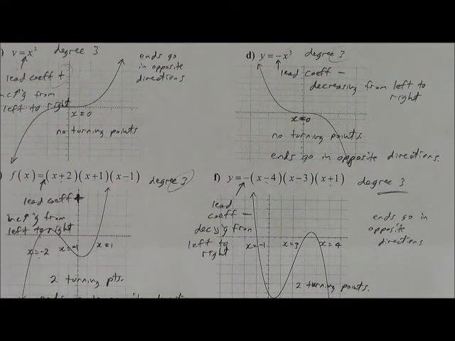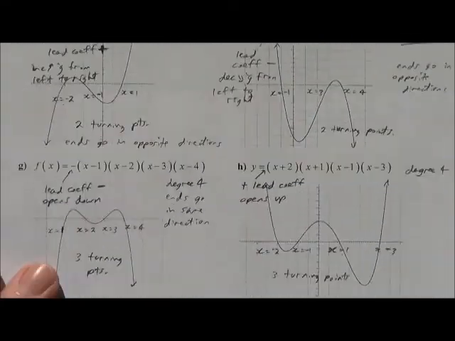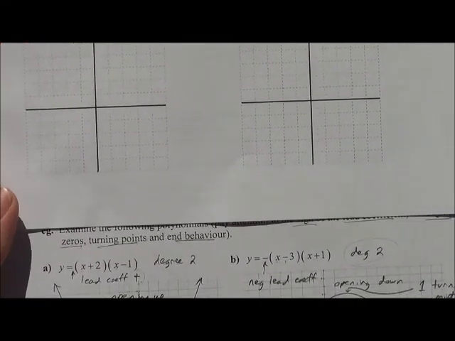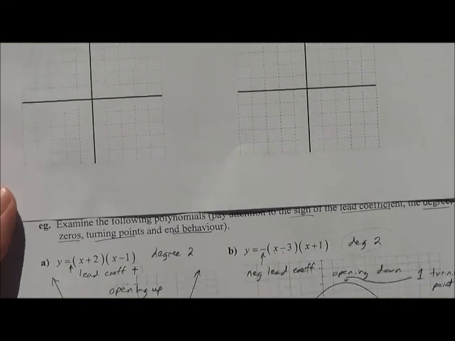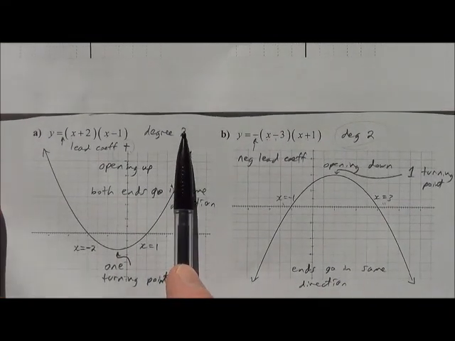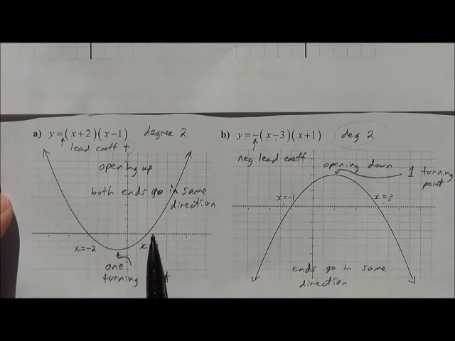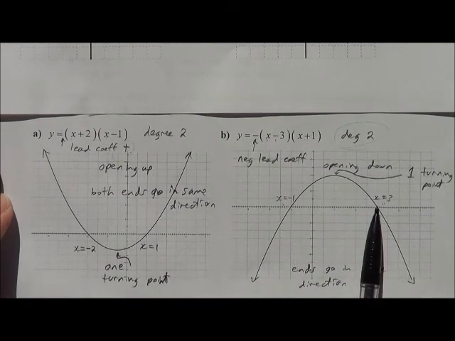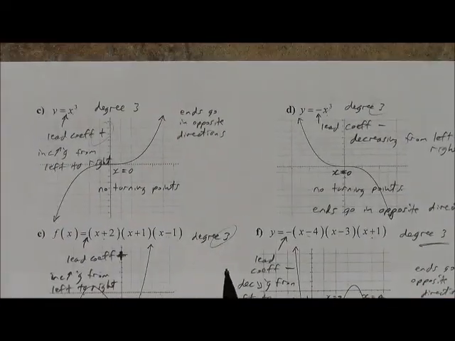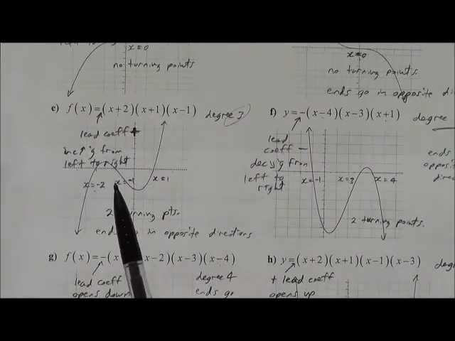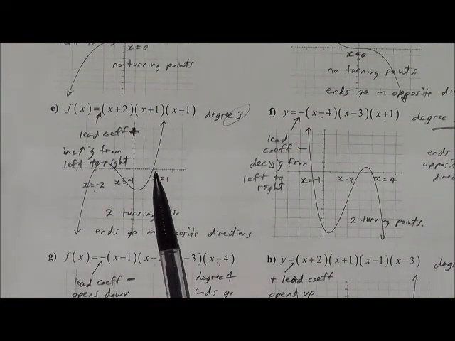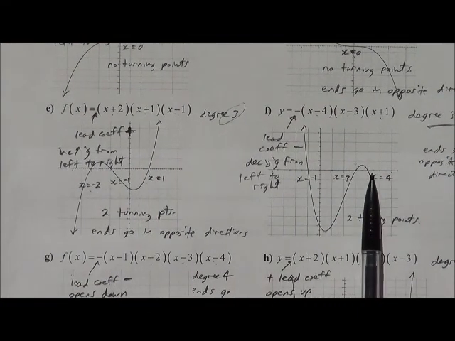Okay, and then let's take a quick look at the zeros. We see that we have a degree 2, and we have 2 zeros here. Degree 3, we've got 1, 2, 3 zeros.